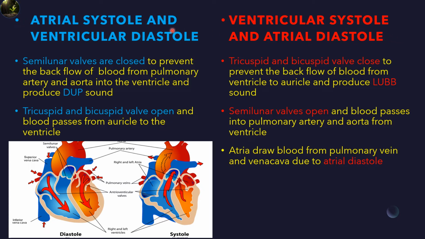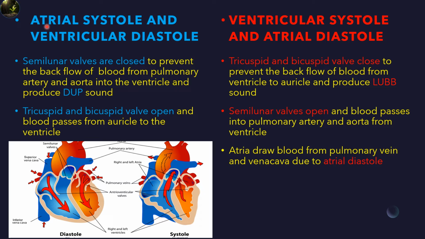Atrial systole and ventricular diastole happen at the same time. Then how does it happen? First point, semilunar valves are closed to prevent the backflow of blood from the pulmonary artery and aorta into the ventricle and produce the dub sound. What is the meaning of that?